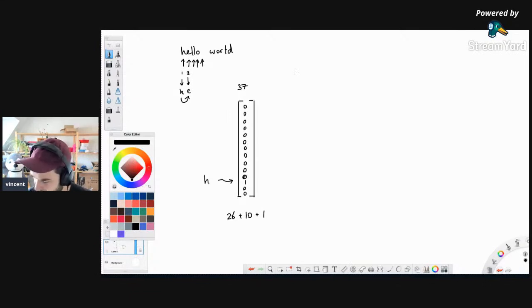Well, what I could then do is hook that up with a feed forward layer. Let's just connect the two. So here's a feed forward layer that's attached. And let's say that this feed forward layer is relatively simple, so it only has about 4 nodes.